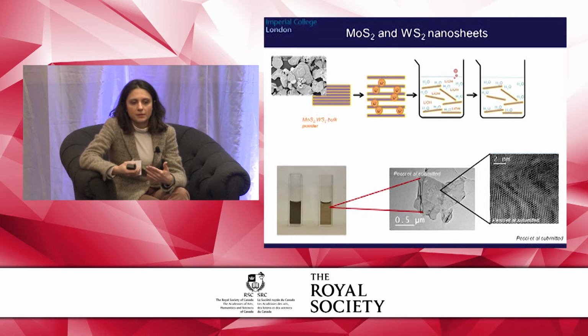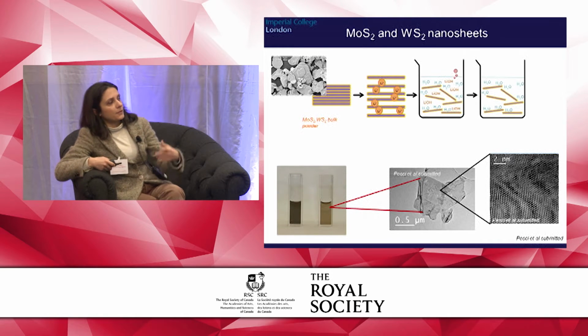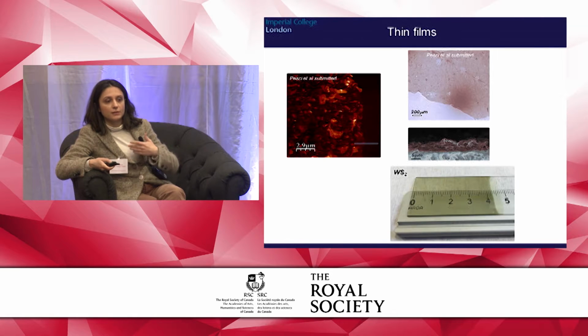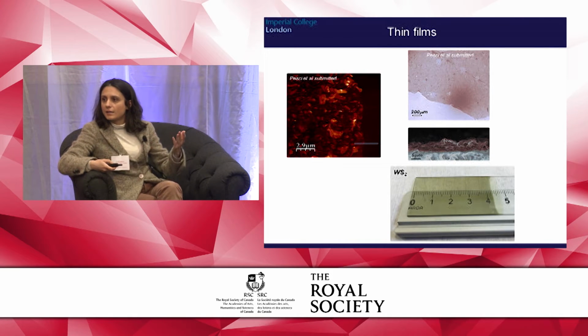And then we need to elaborate a little bit more chemistry to try to separate one layer from another. But similar to graphene, we then at the end obtain a colloidal suspension of these two-dimensional, very thin flakes in water. This represents a great advantage to try to deposit this material onto any possible substrate.